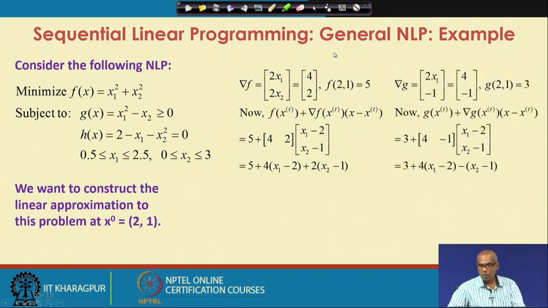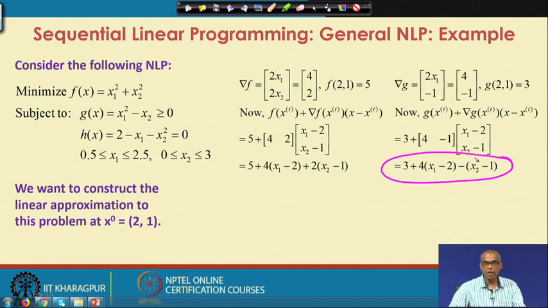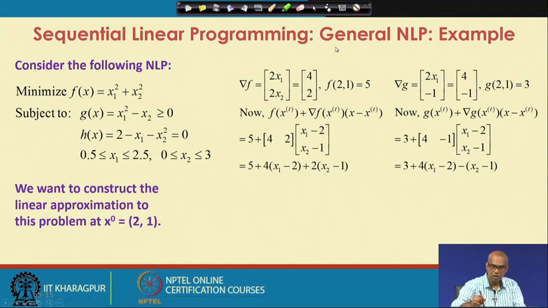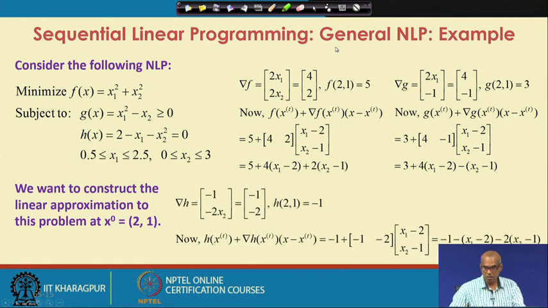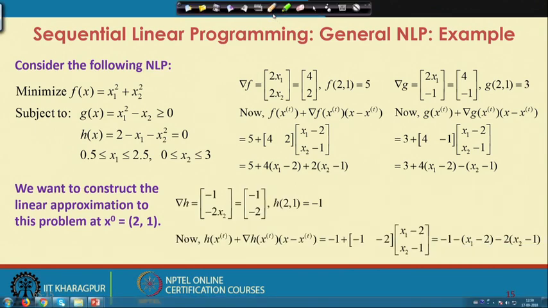Now let us do the same for the inequality constraint, and you get this as the linearized inequality constraint, and also let us do the same thing for equality constraint, and we get this as the linearized equality constraint.